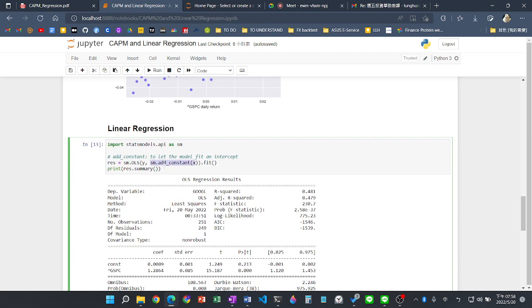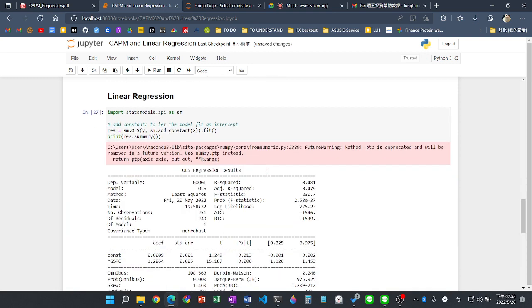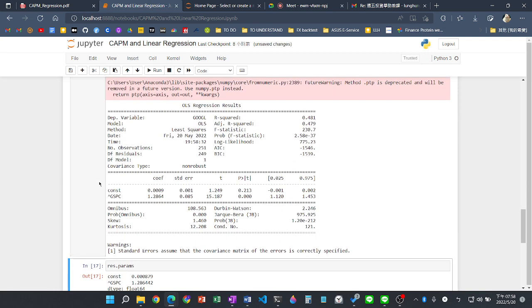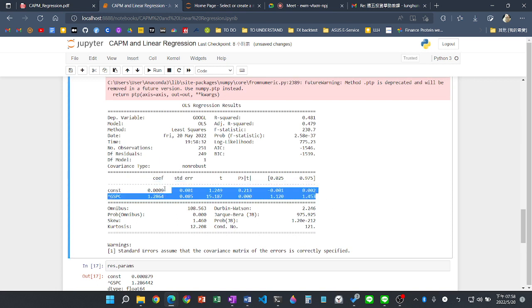Okay, so after we add the constant, we can just use the fit method and print our result summary here. And the most important information is here, right? This const means the constant, which is the intercept of this linear regression, and GSPC is the independent variable.